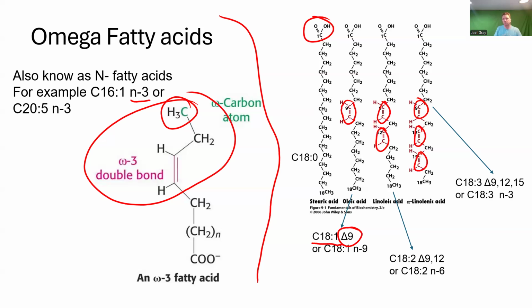What's very significant about these is that they begin here. Now, this same fatty acid, this one on the far right, this 18:3, delta 9, 12, and 15, happens to also be an omega minus 3, or an omega-3 fatty acid. This linoleic acid is an omega 6 fatty acid, denoted by this N-6.